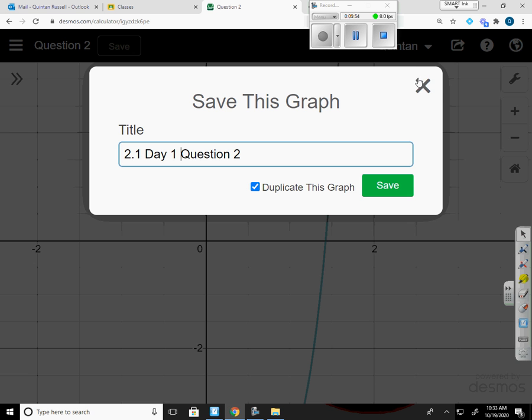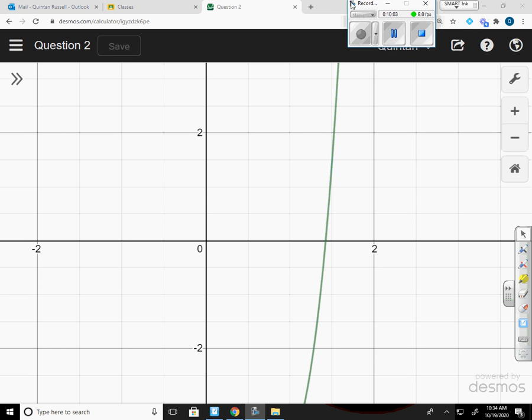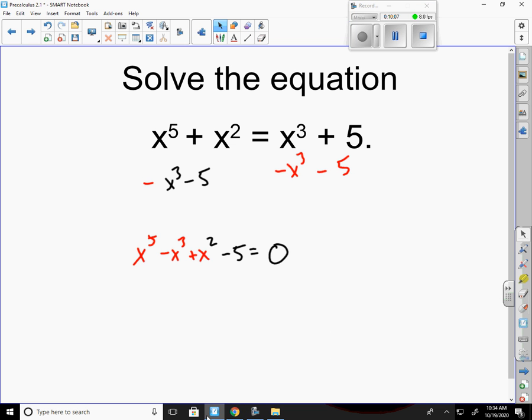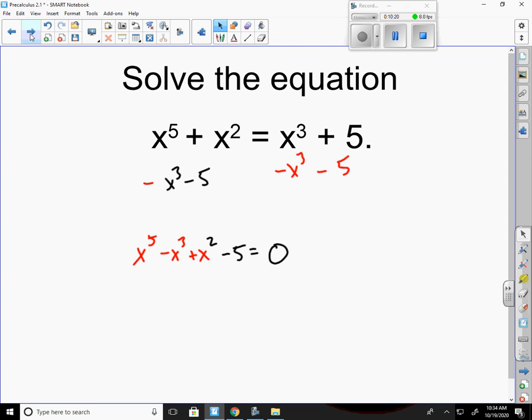That way you would know that it was that question when you look back at it. I'm not getting too concerned about the naming of it. Anyways, once we solve that and find our x-intercept just by clicking here, you can see it's 1.424. That's my final answer.